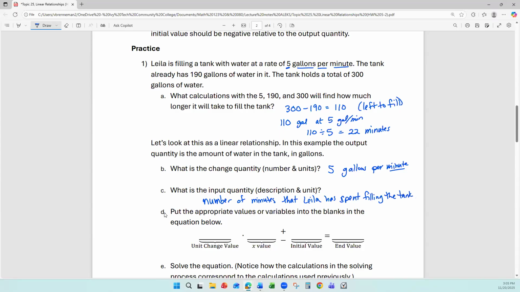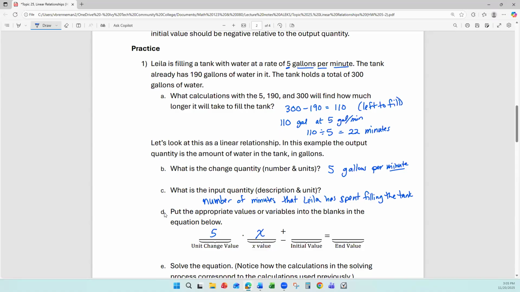So now we can put some pieces together. We have the unit change value. We just said what that is. That's the 5, so just the number part of it. That's going to get multiplied by the x value, the input quantity, which we do not have. That's what we're potentially trying to find. So I'll just put x there. Plus or minus. So we need to look at, was that initial value positive or negative relative to what's happening? So we have some water already in the tank and we are filling it fuller.